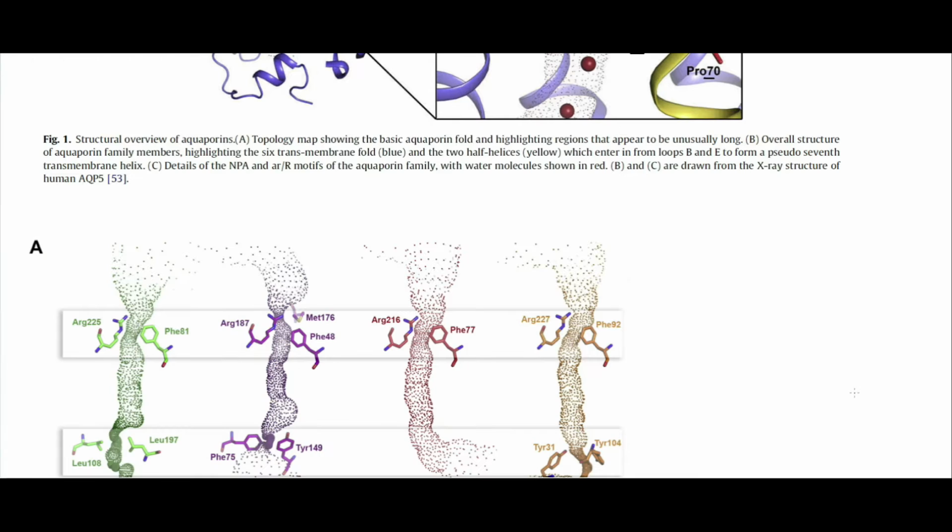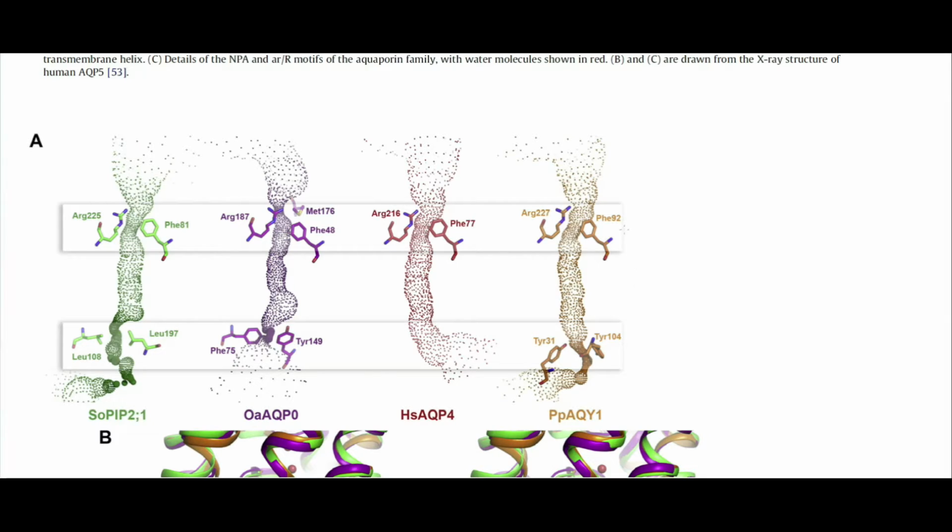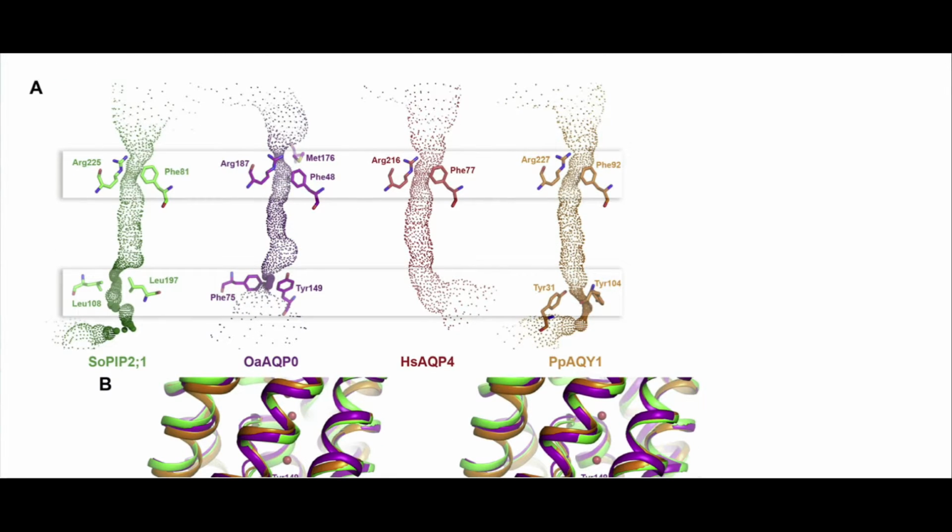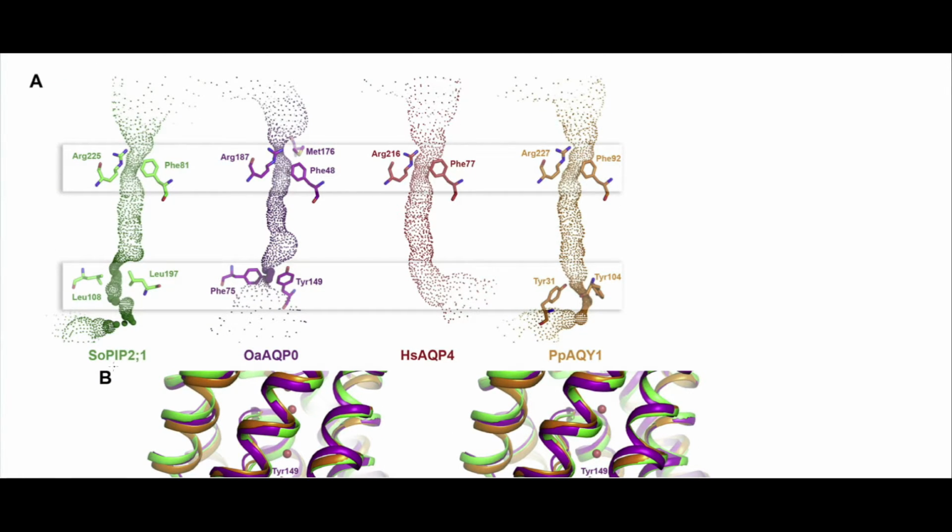through. All right, so here, once again, these dots are looking at the pore, so the path of the pore. And these are just looking at, I believe this SOPIP2 is a plant kind. And then these other ones, I think HS is Homo sapiens aquaporin 4. I think some of these other two are animal ones.